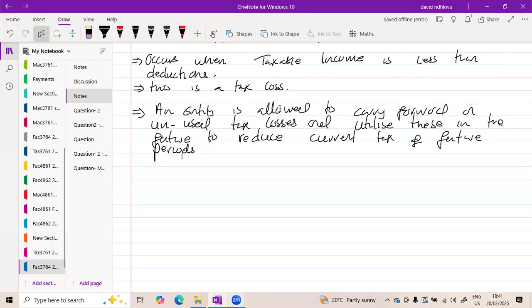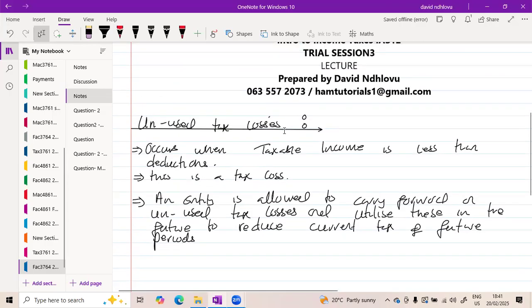What they do allow is that the entity can carry it forward to future periods. Then in the future periods, when they have positive taxable income, they can reduce that taxable profit by the previous tax losses recorded in prior years, so that they reduce the amount of tax they pay in the future. But it's not going to happen that SARS pays you income tax for tax losses. They don't allow it as a policy.